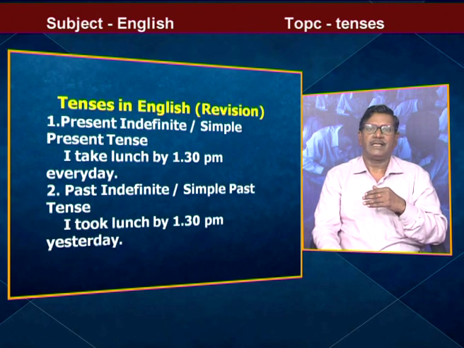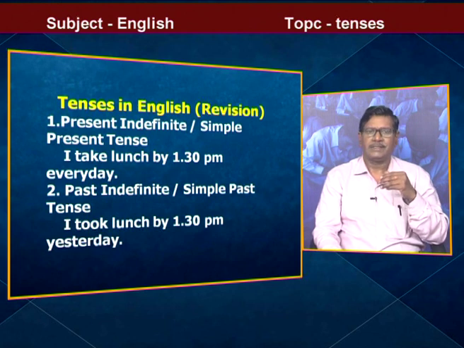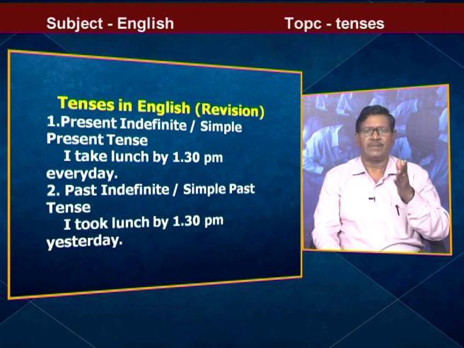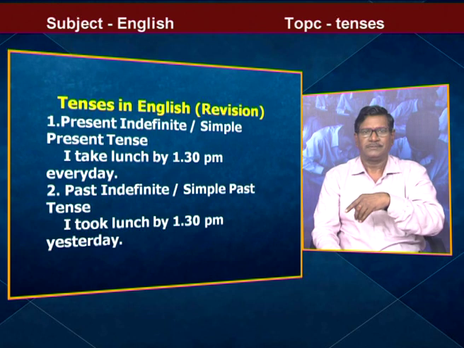Now, tenses in English, let us revise. First one, present indefinite or simple present. For instance, I take lunch by 1:30 PM every day. Past indefinite or simple past tense. I took lunch by 1:30 PM yesterday. Future indefinite or simple future. I shall take lunch by 1:30 PM tomorrow.